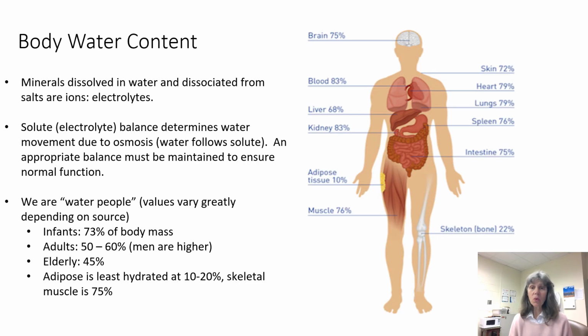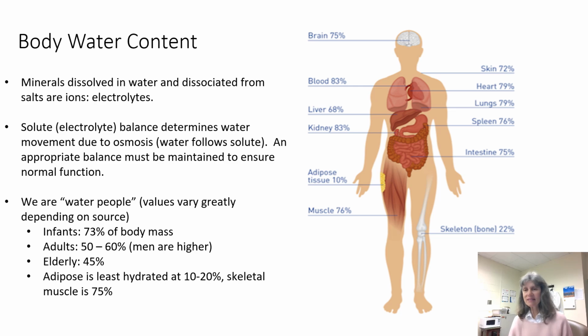When we look at the constituents that make up our body, we are made up of water, and the percentage of water within our bodies and within our tissues varies greatly depending on the source. Some resources will say that the body mass of infants is roughly 73% water.